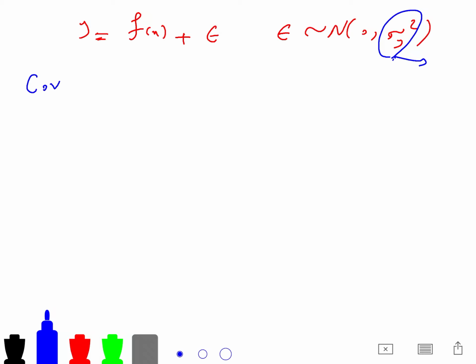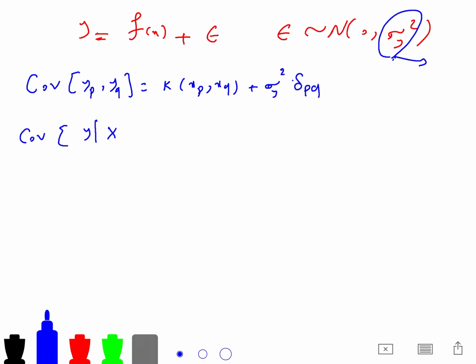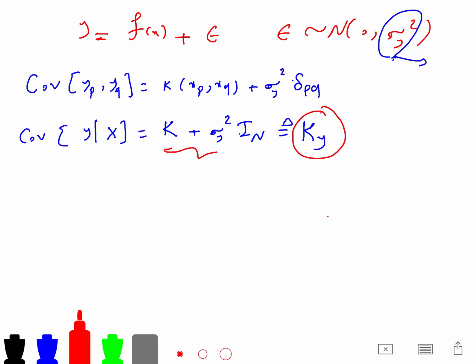And so the covariance of y_p and y_q is just k of x_p and x_q plus sigma y squared delta_pq. And the covariance of y conditioned on x is equal to K plus sigma y squared I_n, which we write as K_y. These symbols are just for simplicity.